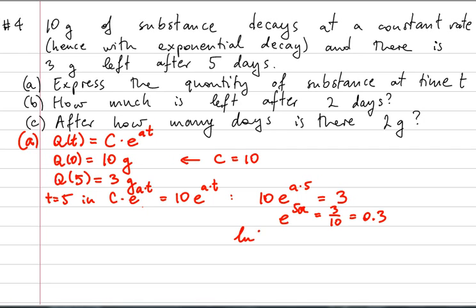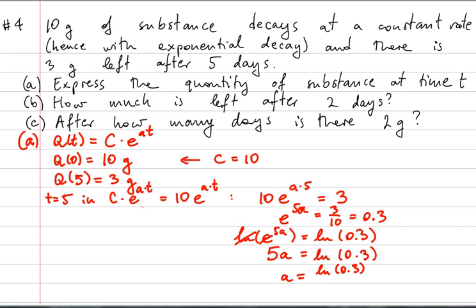So we have ln e to the 5a equals ln of the right hand side, 0.3. Ln and e go away with each other because they're inverse functions, and I'm left with 5a equals ln of 0.3, and therefore a is equal to ln 0.3 divided by 5. So this is part A.